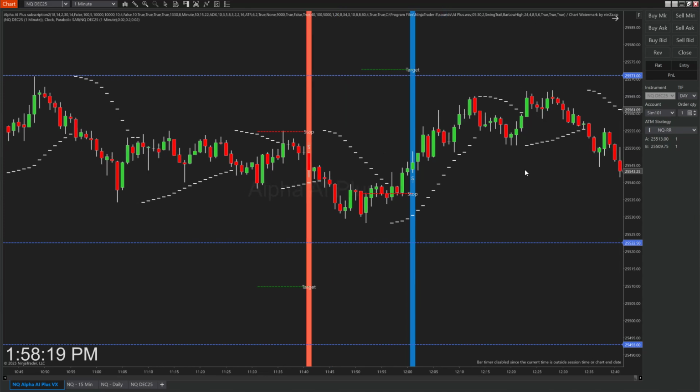So first, before I explain what Alpha AI Plus is, let me talk about something very important, which is that as day traders, retail day traders, we like to complicate stuff. Let's be realistic. We like to look busy. All of us. For me, I used to have 5 screens in my office.